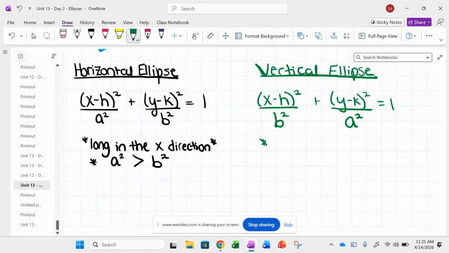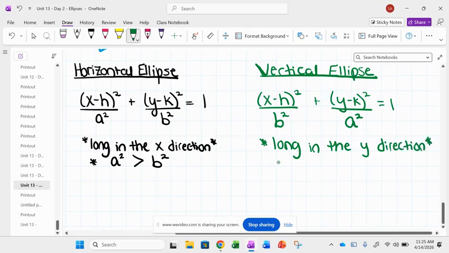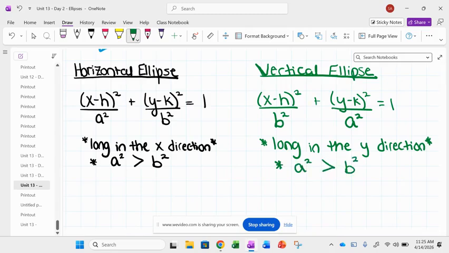And I'm going to put a star. I'm going to say long in the y direction. And I'm going to put another star and say that a squared is still greater than b squared.